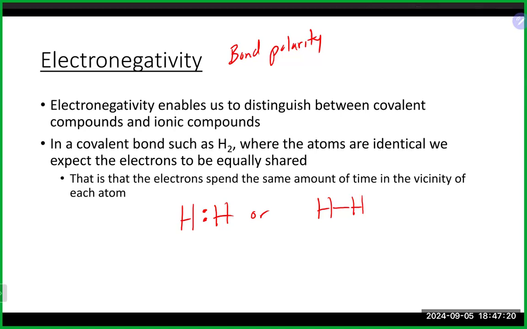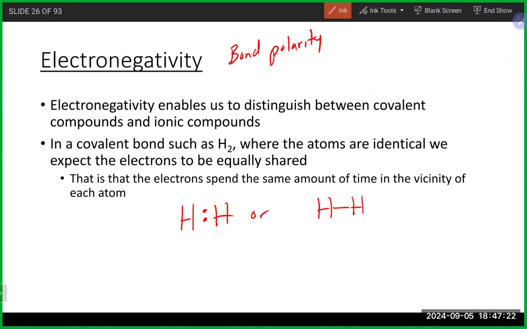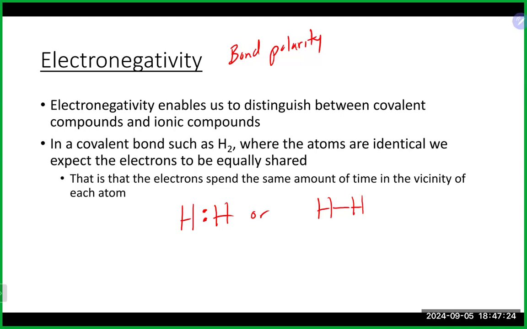So what that means is when we have something like hydrogen and we think about how the electrons are going to be shared, they are going to be pretty much shared equally between those 2 guys, because they're going to be attracted to the hydrogen on the left just as much as they're attracted to the hydrogen on the right, right?